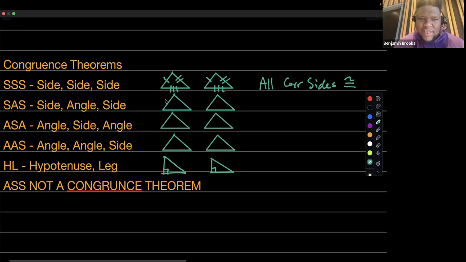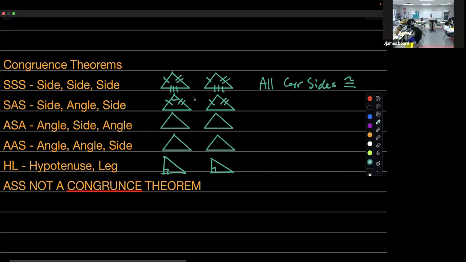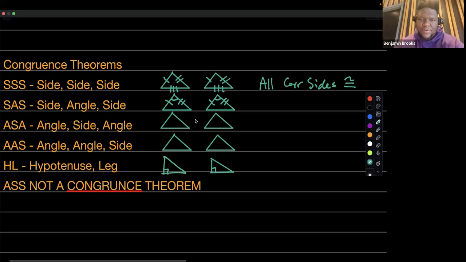So basically, if I know that two of the sides are congruent and these other corresponding sides are congruent and the angle between them is congruent, then I know the two triangles are congruent. Remember, we can't go off of just angles, right? But we can go off of all the sides being congruent, and we can also go off two of the sides and the angle between the two sides being congruent.